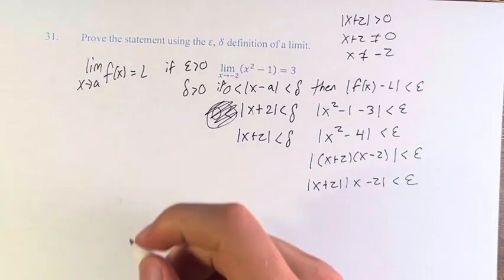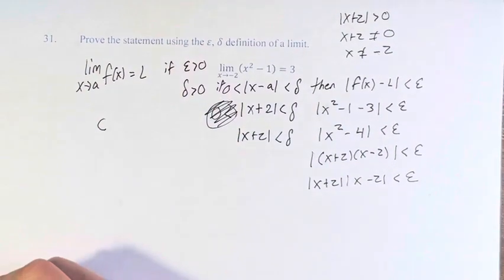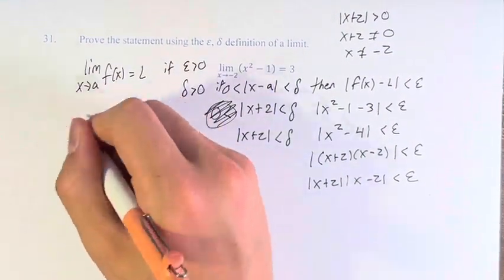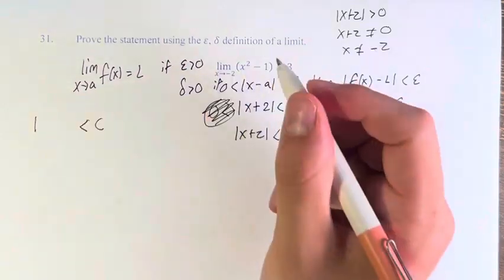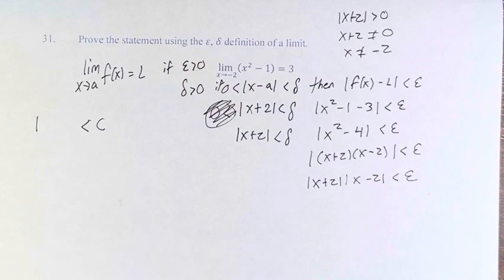So what we're going to do is pick some positive number c such that c is greater than the absolute value of x plus 2, right?